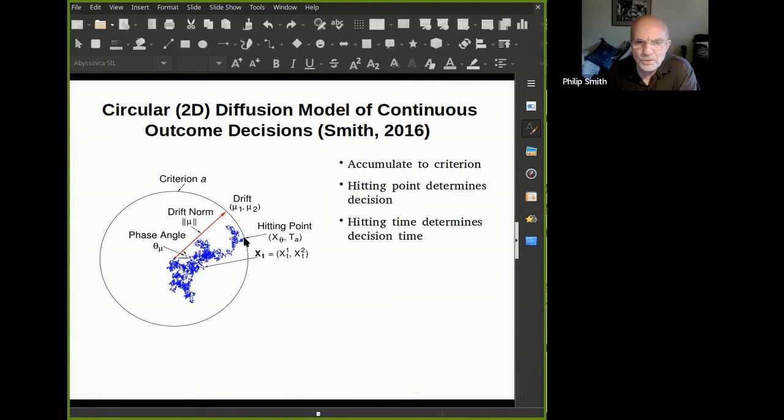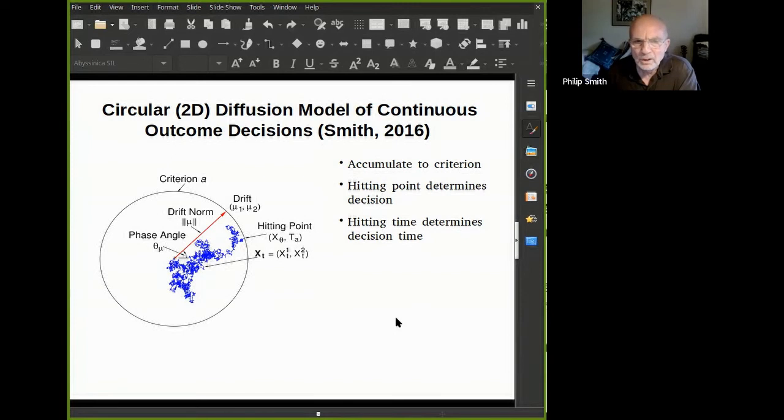So it hits a point on the boundary. The hitting point on the boundary represents the decision outcome, where the participant moves their mouse or their eyes, however you're asking them to make the response. And the hitting time determines the decision time component of response times.